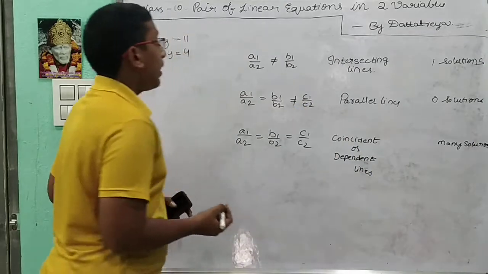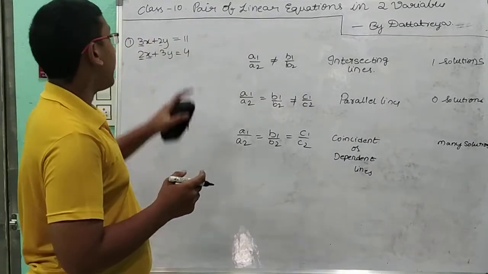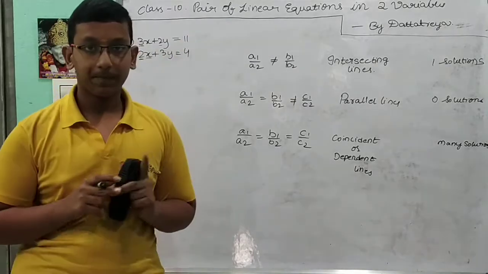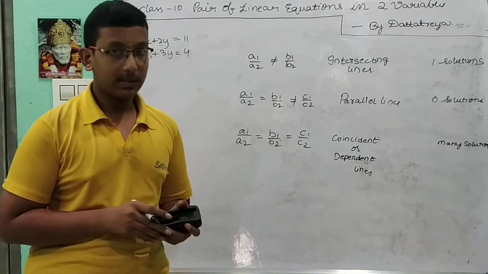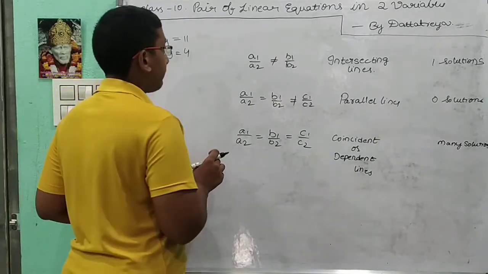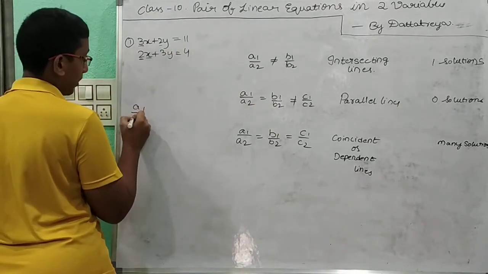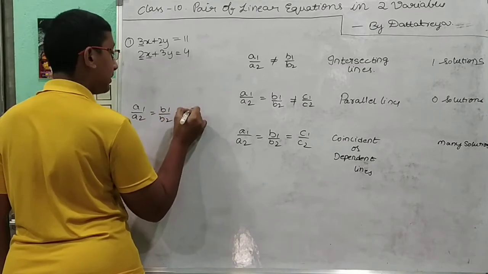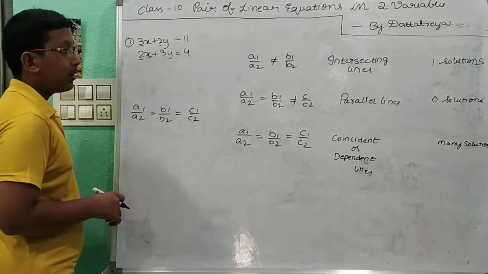First of all, to do a problem in pair of linear equations, you should know this table particularly. Let's learn this table for about 5 minutes. For easy remembering, first write A1 by A2 equal to B1 by B2 equal to C1 by C2, nothing but coincident lines or dependent lines.